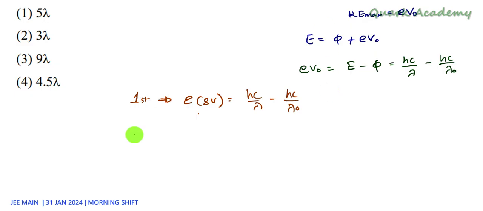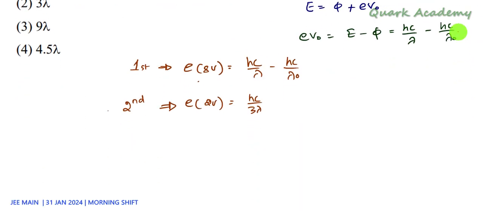Let's write for the second case, in which it has 2 volt. e into 2 volt equal to hc by 3 lambda minus hc by lambda 0, because the incident wavelength is 3 lambda. And the work function is going to remain constant because it depends on the material. The metal is the same, so the work function should be the same.